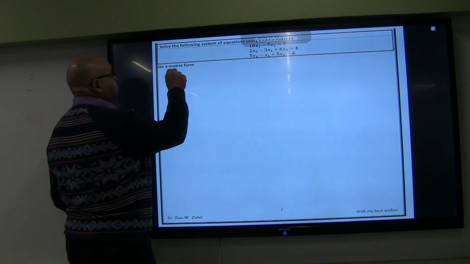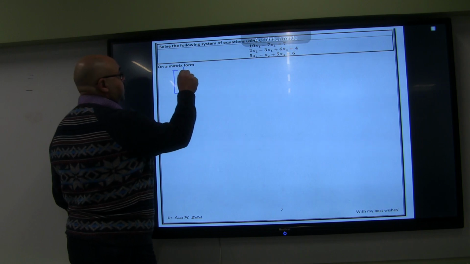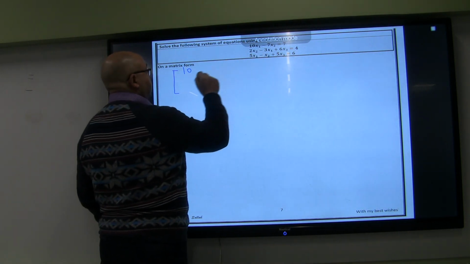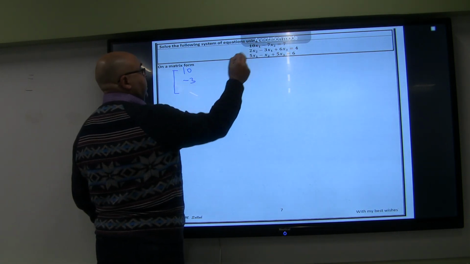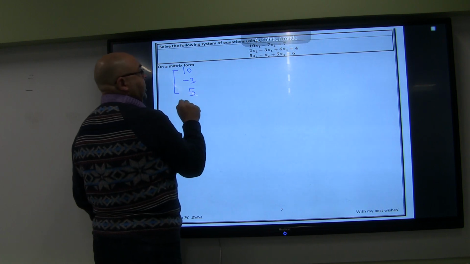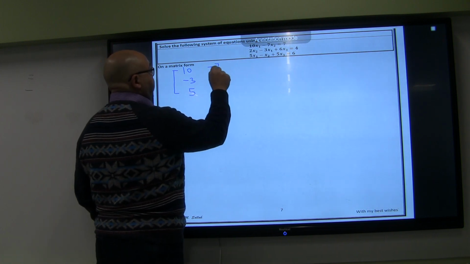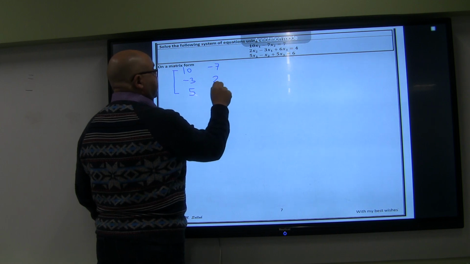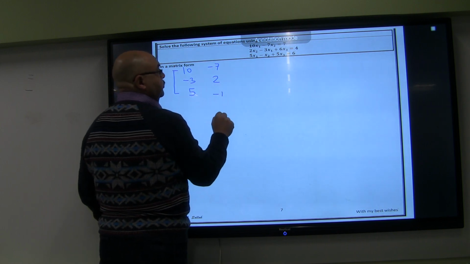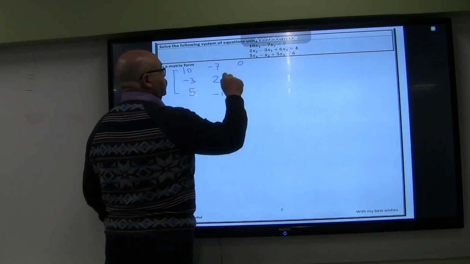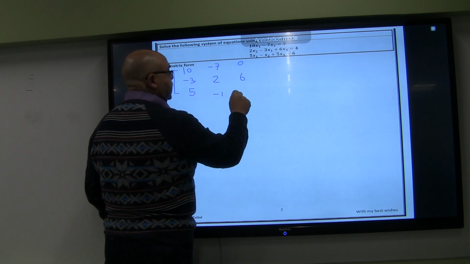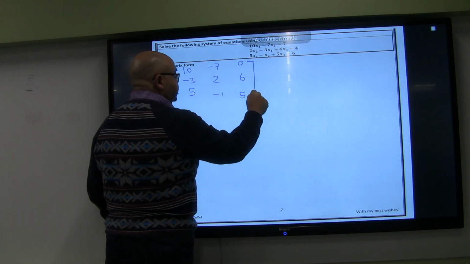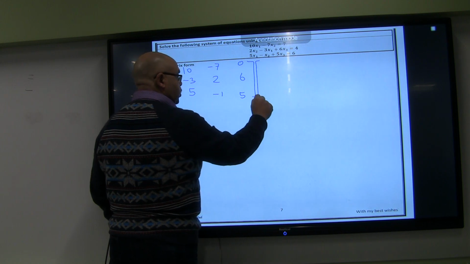It can be: 10 for x1, then negative 3, then 5; for x2 we have negative 7, then positive 2, then negative 1; for x3 it will start with 0, then 6, then 5. This is the coefficient matrix.